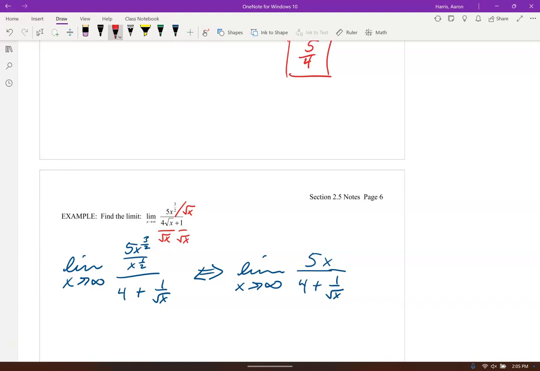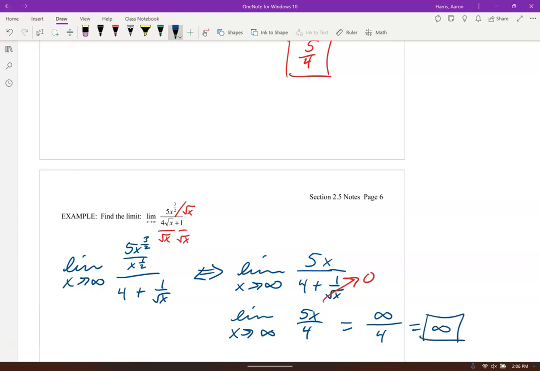Now notice this is going to go to 0, right? So I got 5x over 4, and I'm running this to infinity. So I'm going to end up with infinity, 5 infinity, right? Or infinity over 4. So just infinity. Infinity over 4 plus 0.